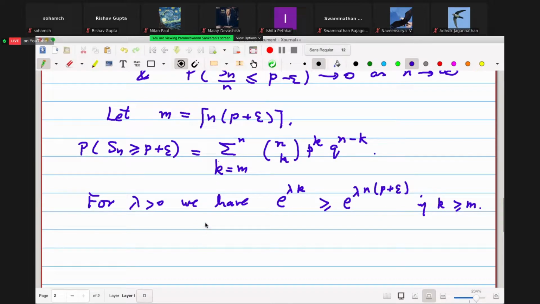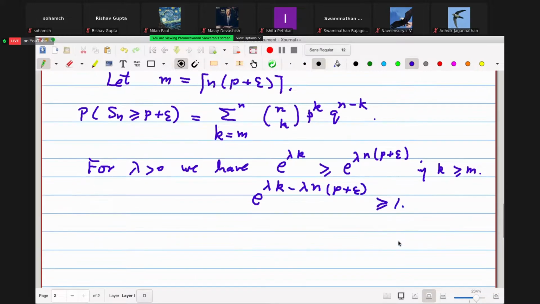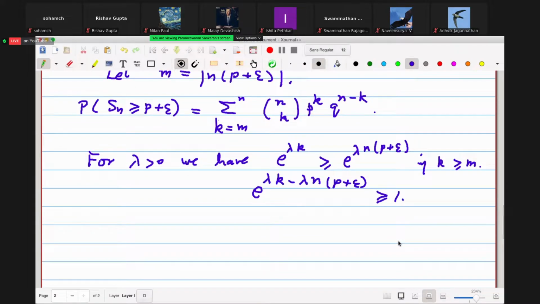So this is equivalent to saying that I can just multiply. So e power lambda k minus lambda times n p plus epsilon is bigger than or equal to 1. So I'm going to multiply each one of these by this factor, and I'm replacing by then.